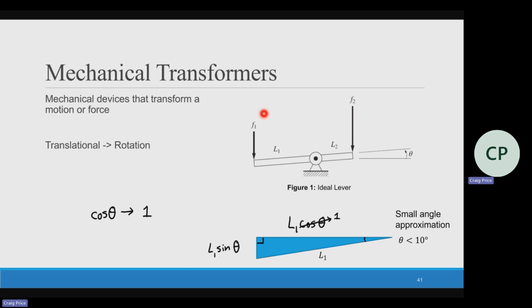Therefore, for small angles, we can approximate that this side is basically the same length as the hypotenuse. Does that make sense? It's pretty close at a small angle. So this side we just say is L1.